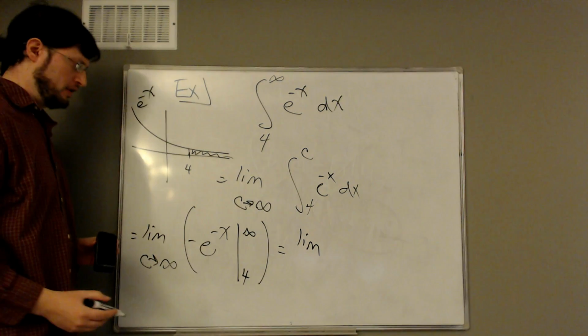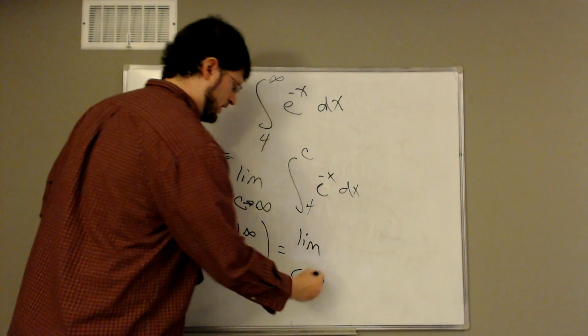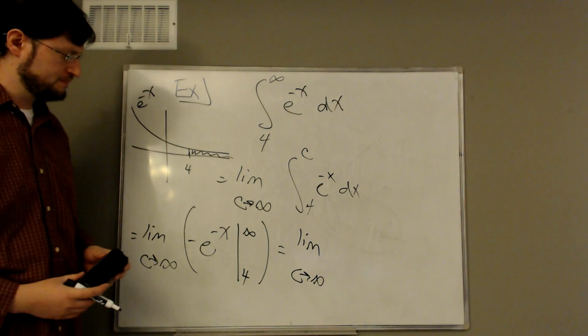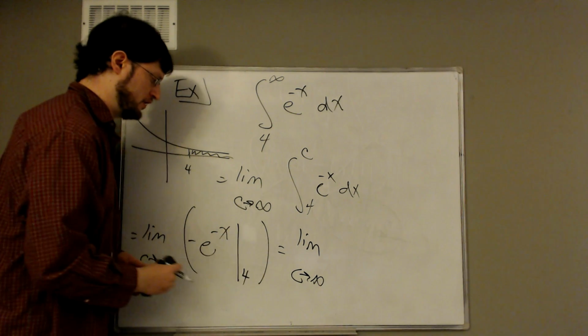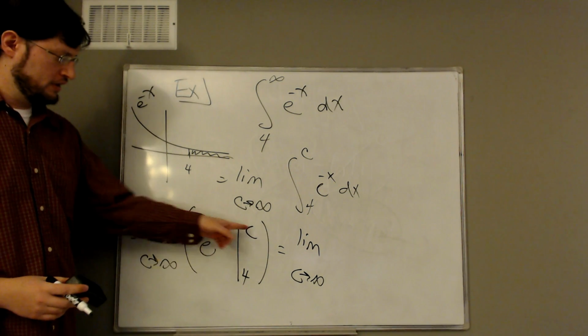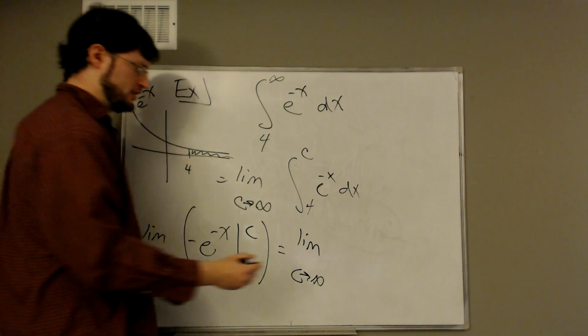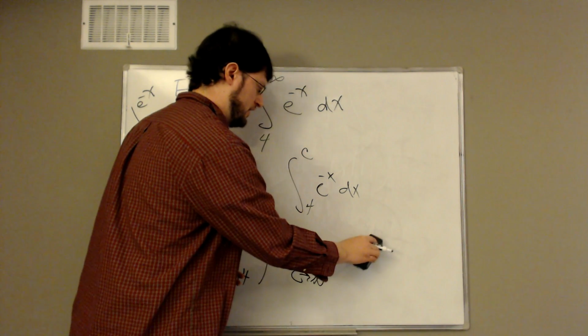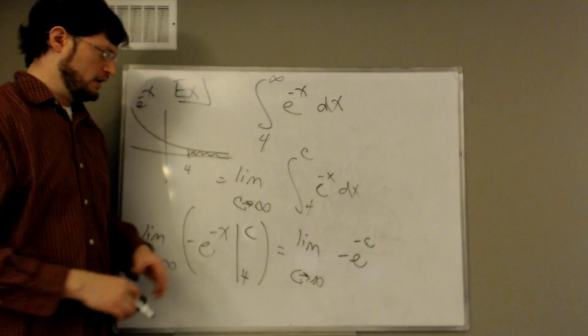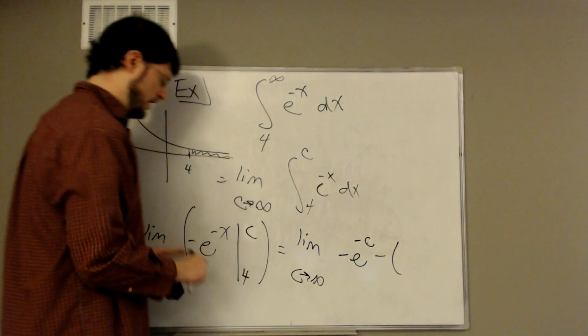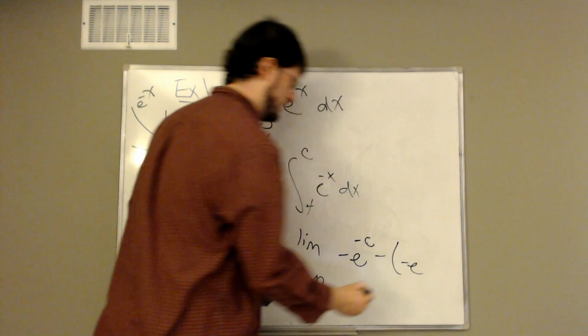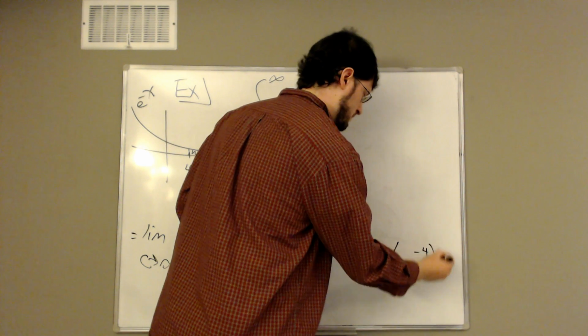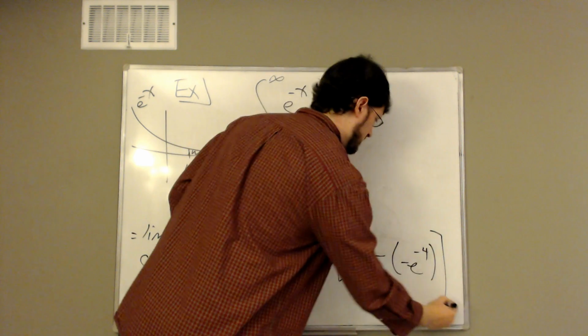And so this will be the limit as c goes to infinity. Plug in c and plug in 4 and subtract. So this is minus e to the minus c when I plug in c, and then subtract minus e to the minus 4. And then we have to take the limit as c goes to infinity.